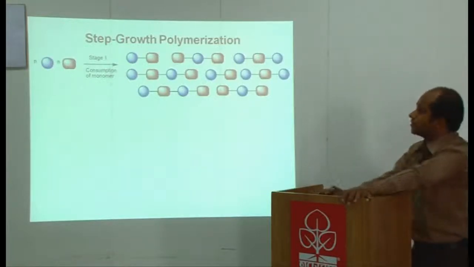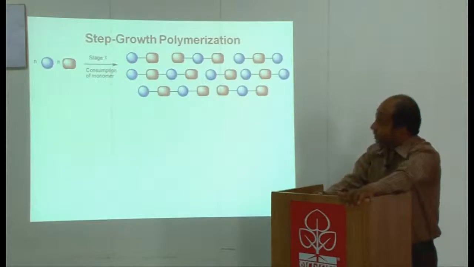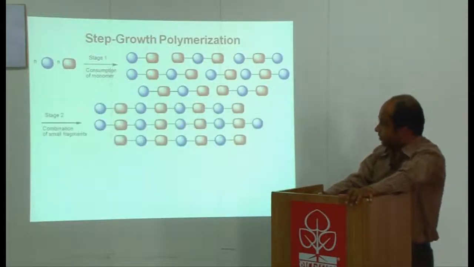Now, let us discuss step growth polymerization. As discussed earlier, you have monomers shown here in two different colors, a slightly bluish colored monomer and a reddish colored monomer. Now, in stage 1, the monomers will react with each other and form smaller low molecular weight chains, also known as the oligomers.